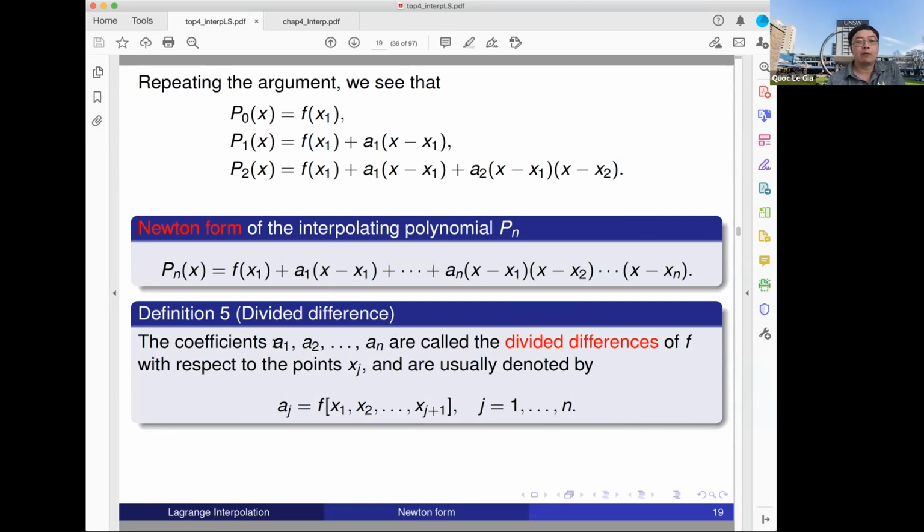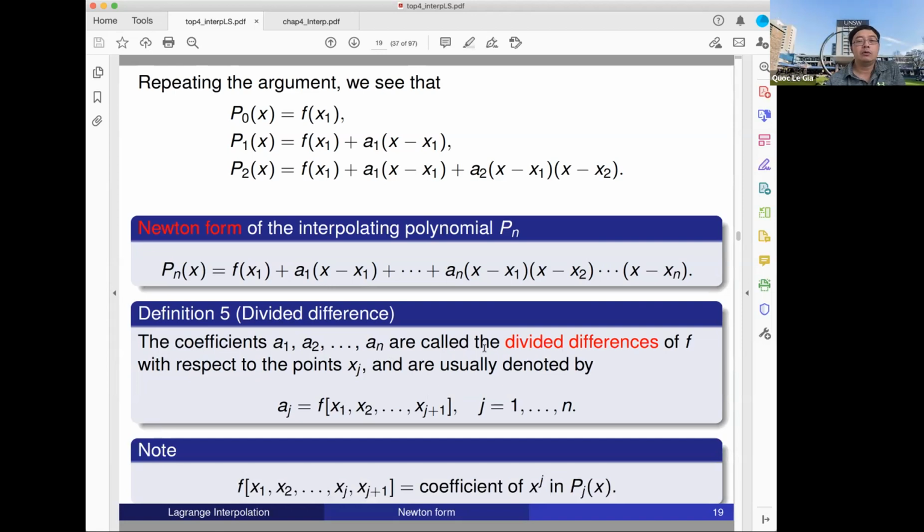The coefficients a1, a2 up to an are called the divided differences of the function f with respect to the points xj. And Newton denoted it by f, open square brackets, x1, x2, up to xj plus 1, close square bracket, and that equals aj. So aj is the divided difference over the points x1 up to xj plus 1.